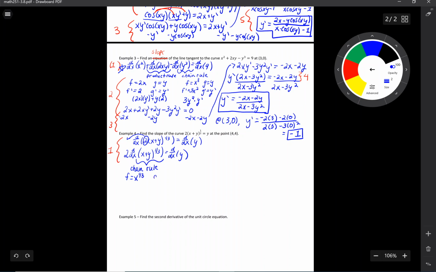My inner function, g, is x plus y. This makes f prime, using the power rule, 1/3 x to the power of negative 2/3, and g prime equals the derivative of x, which is 1, plus the derivative of y, which is y prime.